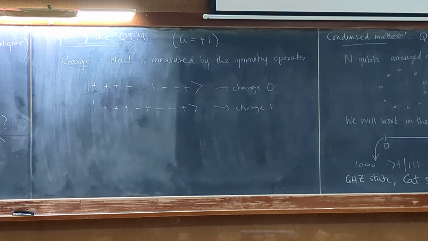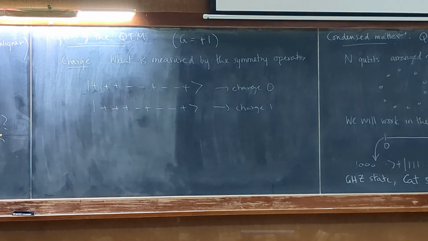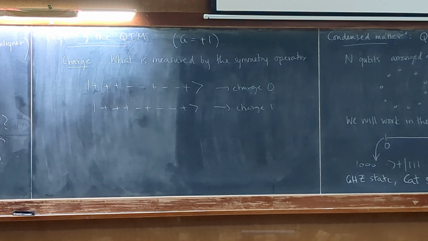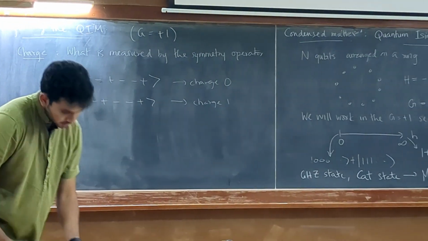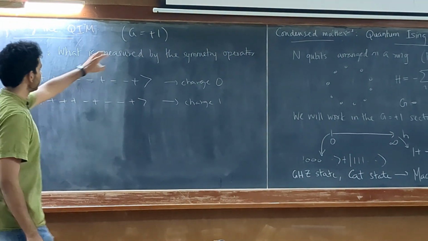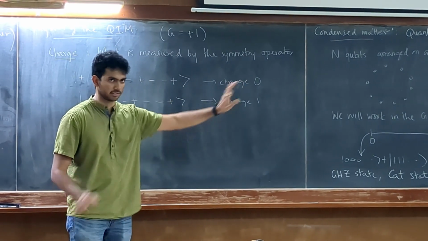Okay, so I'm being a little sloppy. So, yeah. Any other questions? So, what I call the G equal to plus 1 sector is basically saying the charge 0 sector. It's the same thing.